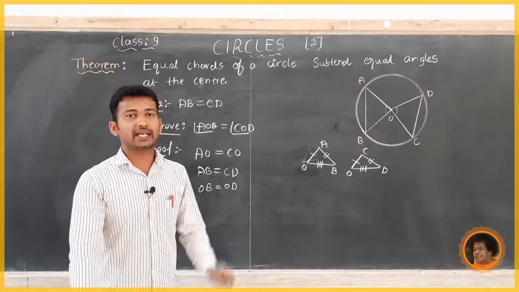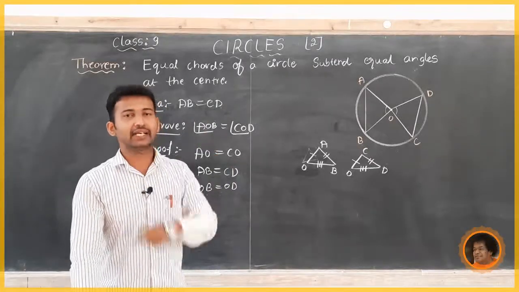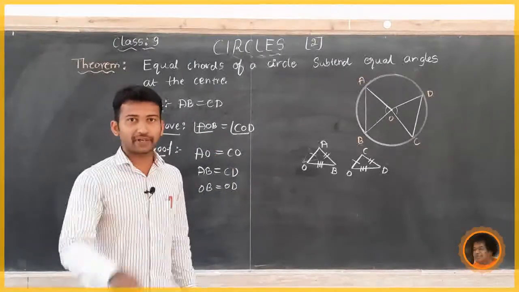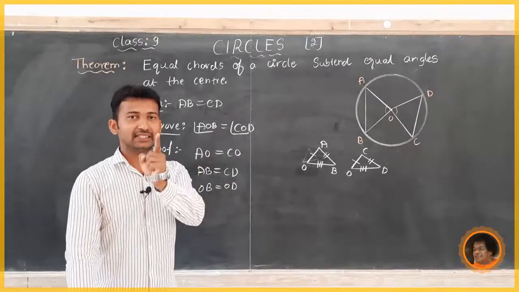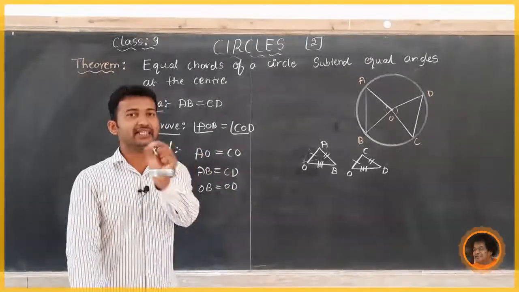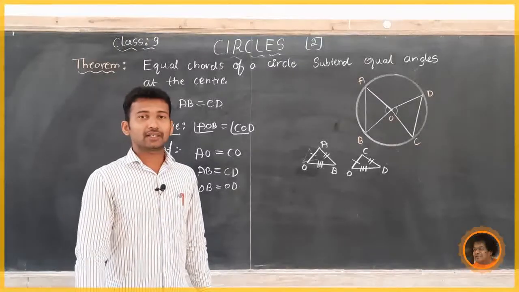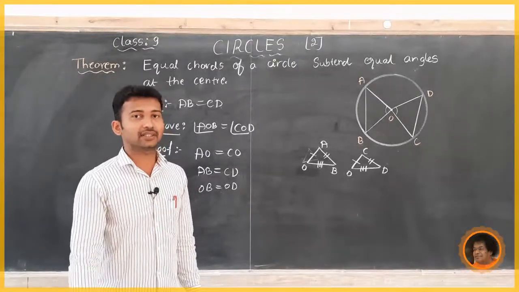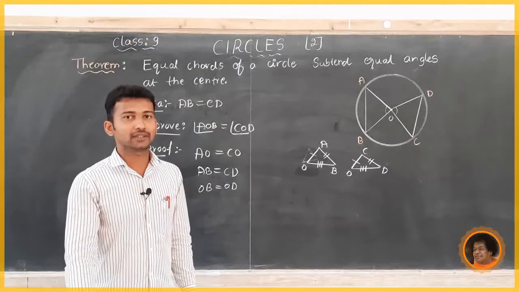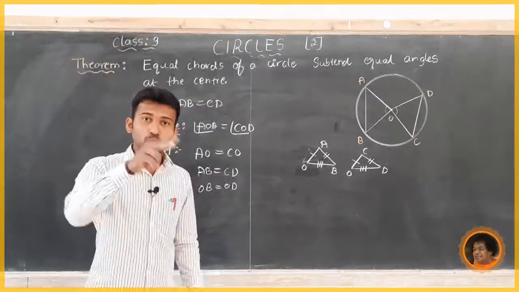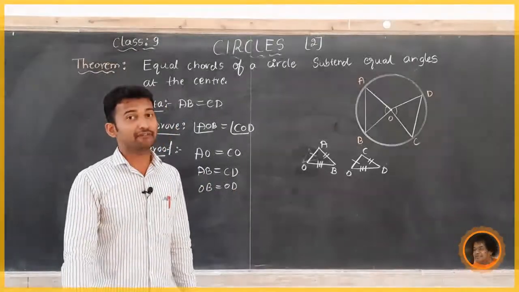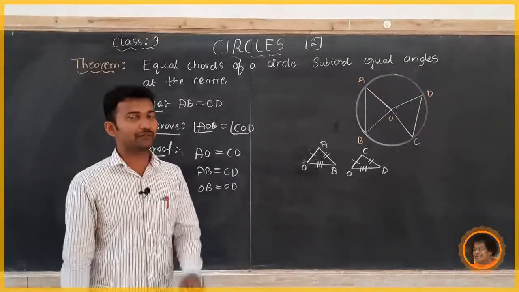ASA postulate: angle, side, angle. One more we have, SSS postulate: side, side, side. Generally, 6 elements are required to prove 2 triangles congruent, but we need only 3 elements of the one triangle.